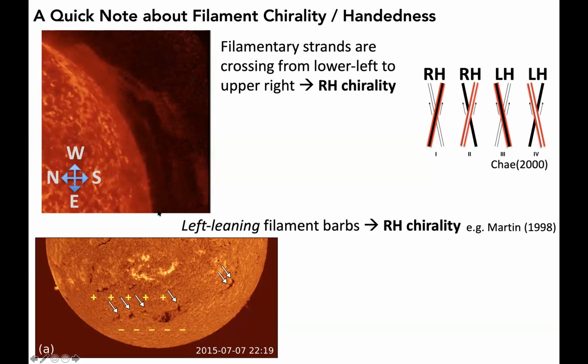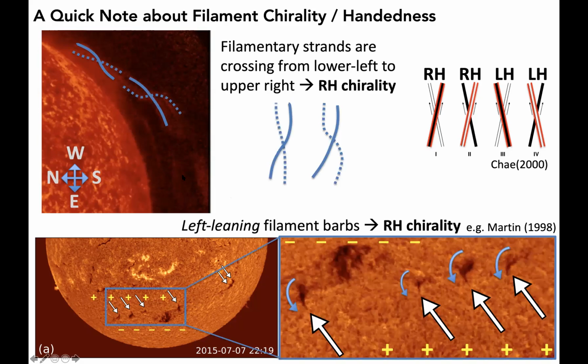And then the other clue here is that when you look at H alpha a couple days earlier, there's not a lot of prominence material visible here, but to the extent that you see some of it, you've got all these barbs, and they have a definite sense to them, right? So here in the movie, you can see the filamentary threads crossing from the lower left to the upper right. That implies a right-handed chirality.